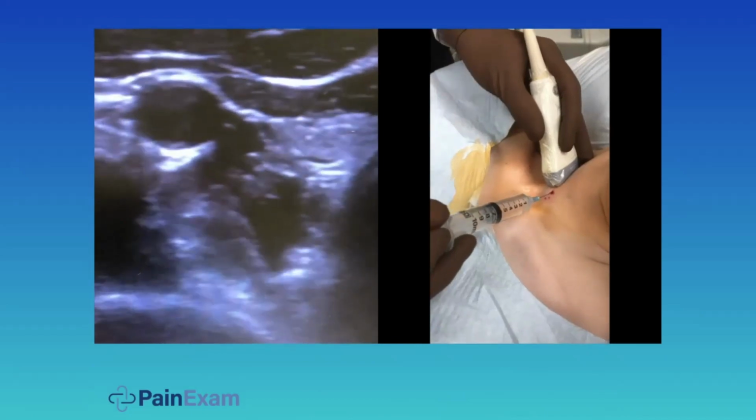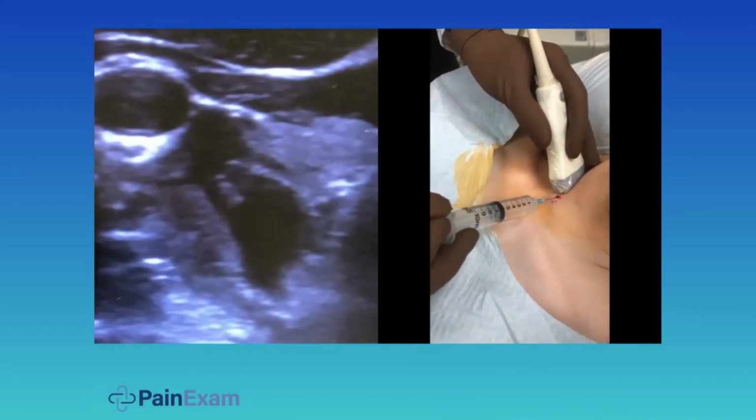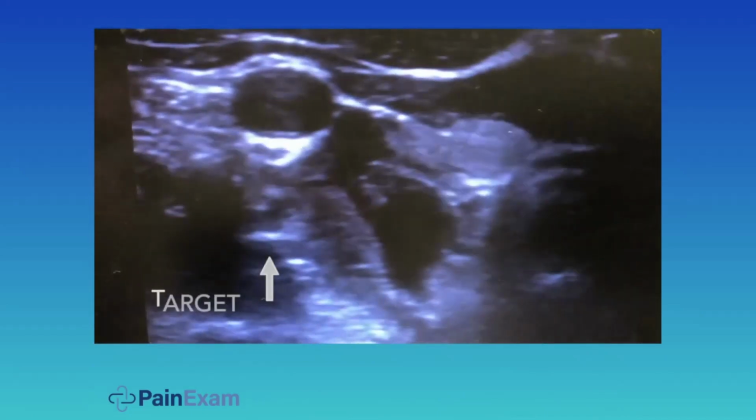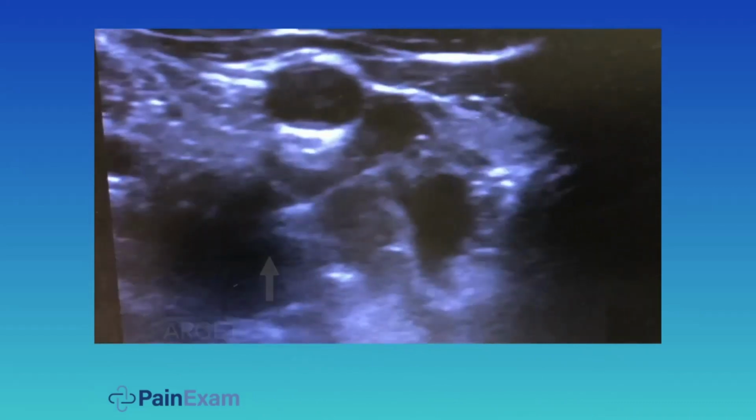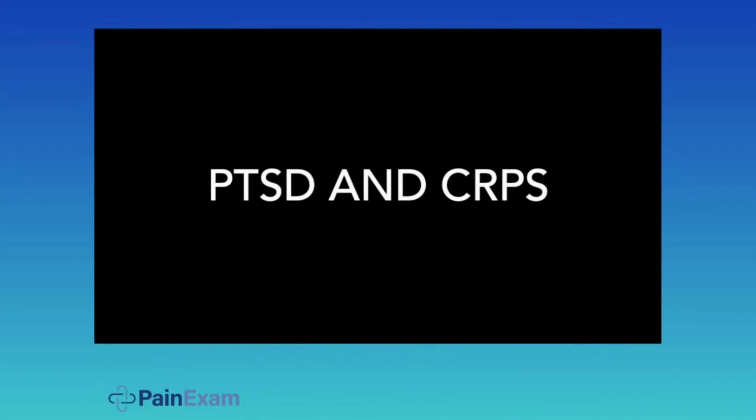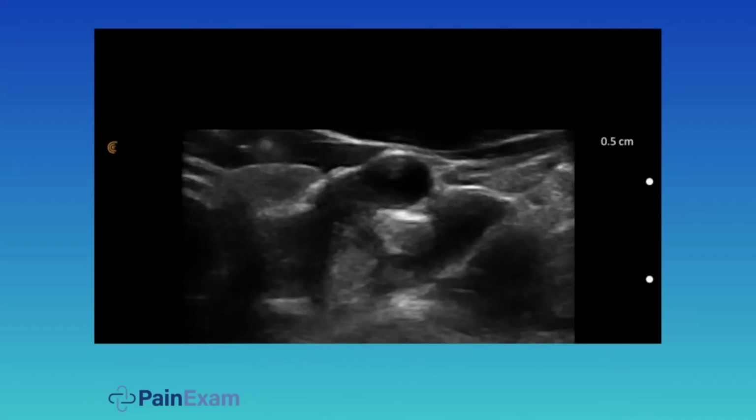Okay. So if you see yourself, you're pretty safe. You just need to see where your needle tip is and where your needle is, and that's the target. I'm behind the carotid. I'm using it for PTSD and CRPS mainly.